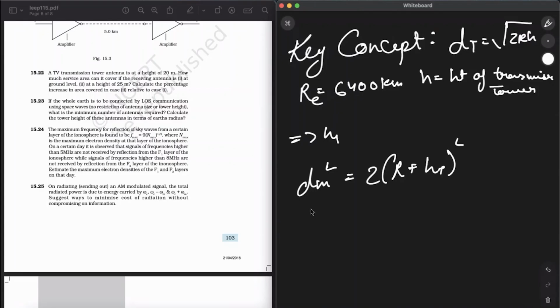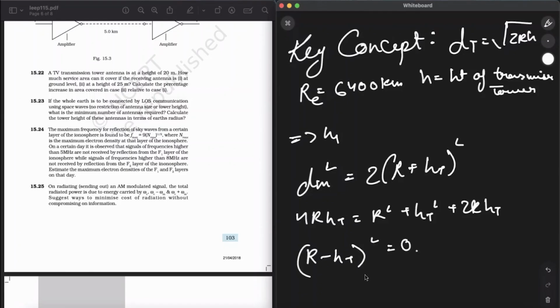So 4Rht is equal to R square plus ht square plus 2Rht. Now (R minus ht) whole square is equal to 0, so R is equal to the height of transmission tower.